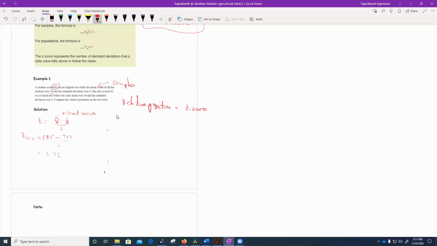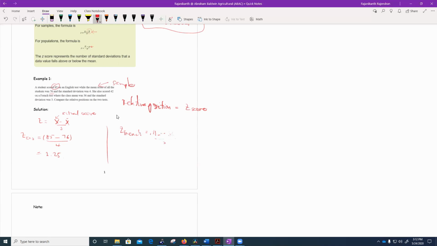So now let us find the z-score for the second subject, which is French. I'm doing the same thing, using this formula. What is the score she got for the French subject? She got 42, right? Then subtracting the mean for that subject, which is 36, then dividing by the standard deviation, which is 3.